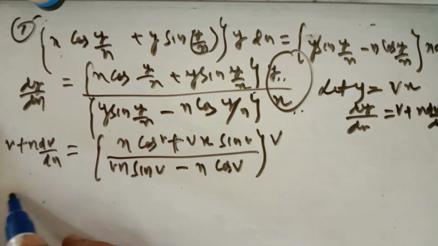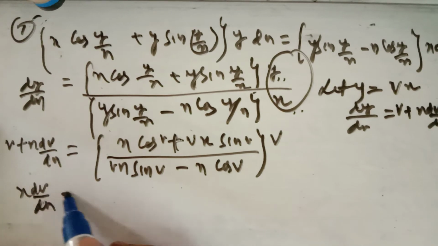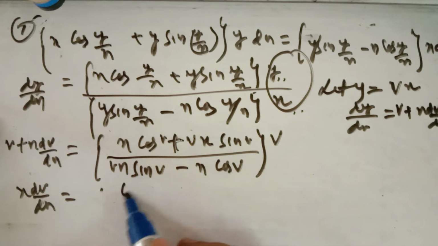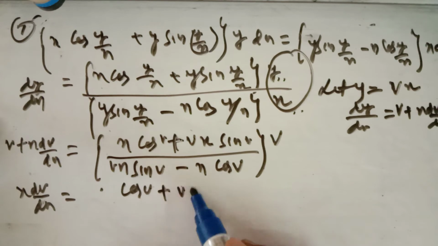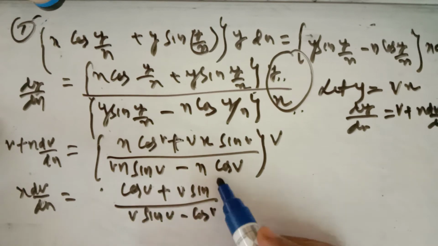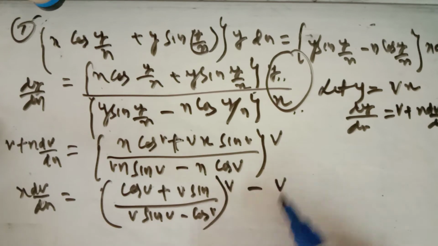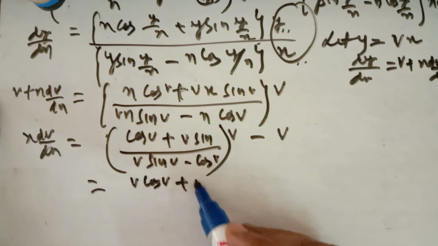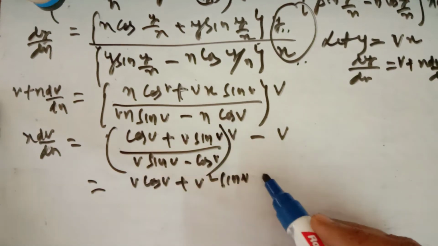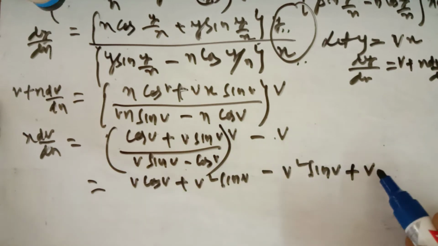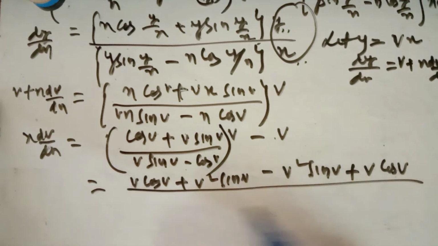Now you take v to the right hand side. In this, x will be cancelled out, so it will be cos v plus v sin v upon v sin v minus cos v, minus v. Taking the LCM, it is v cos v plus v square sin v minus v square sin v, but rather it will be plus v cos v upon the denominator.